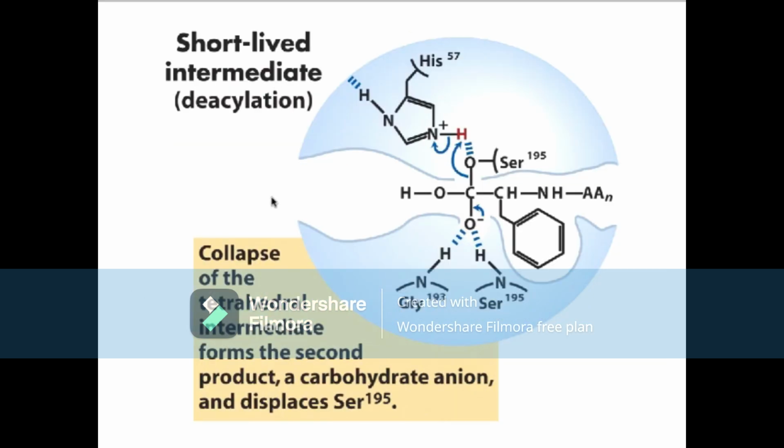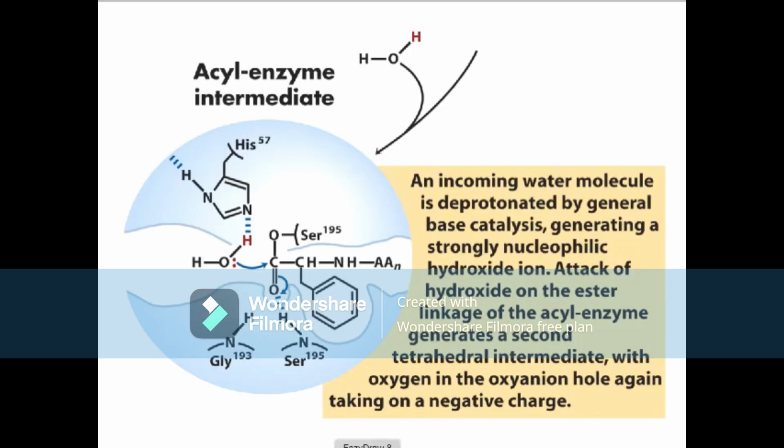So now, if we draw the lone pair in here, which they didn't do, that will help to deprotonate the water to generate hydroxide, which attacks the carbonyl carbon. Now, the way they've drawn it here, the water attacks the carbonyl carbon as it gets deprotonated.